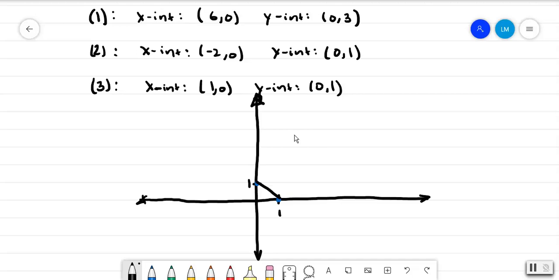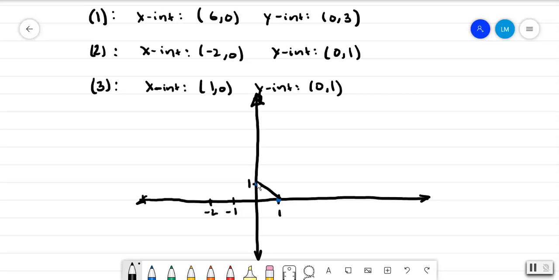Now I also need to graph negative 2 comma 0 and 0 comma 1. When we graph this equation, the line has to go from here to here.